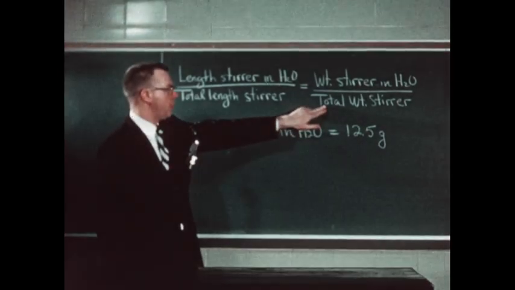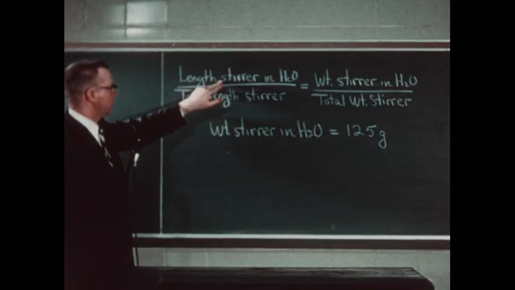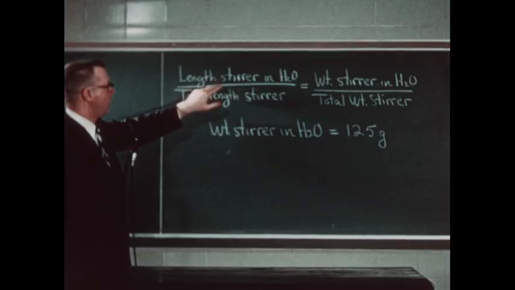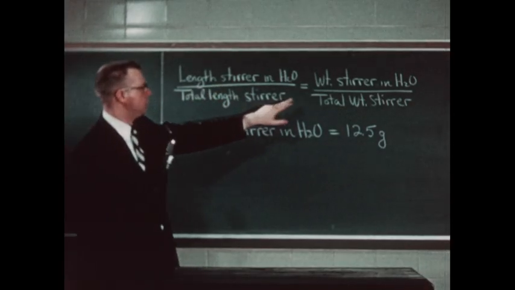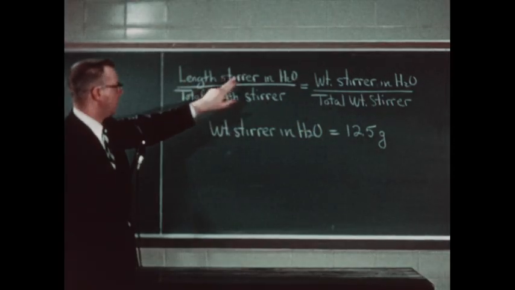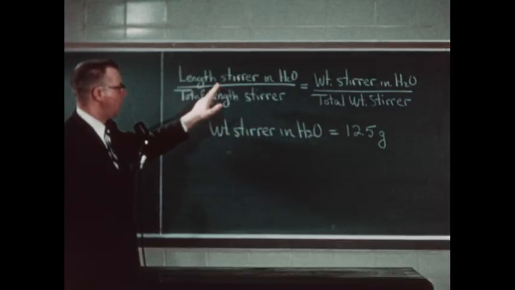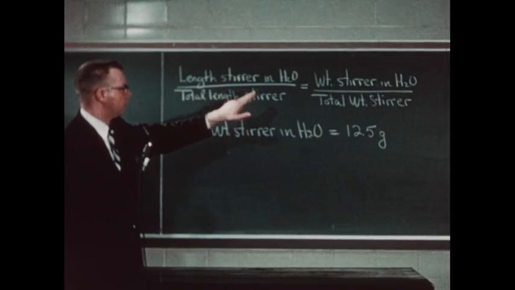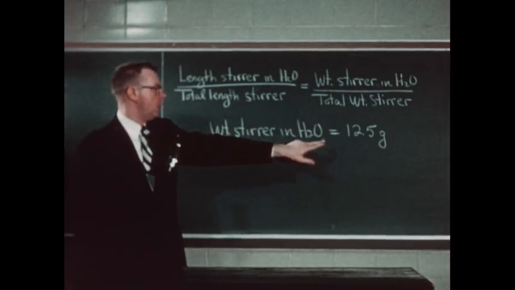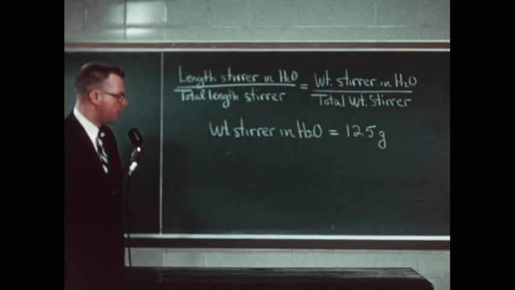We've measured the total weight of the stirrer, its total length, and the length of the stirrer in the water, and can then set up a simple ratio. The weight of the stirrer in the water is to the total weight of the stirrer, as the length of the stirrer in the water is to the total length of the stirrer. And solving this fraction for the weight of the stirrer in the water, we find this value to be 12.5 grams.